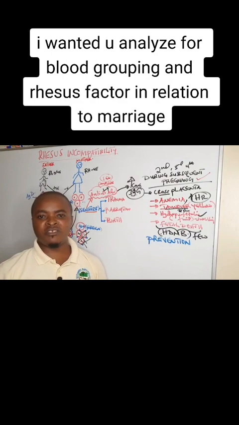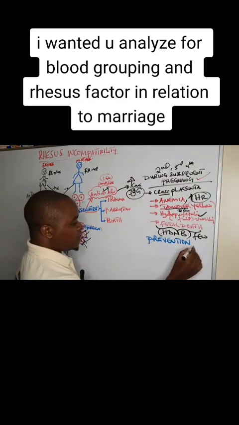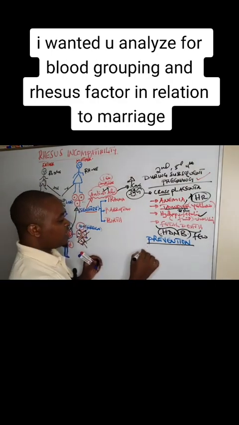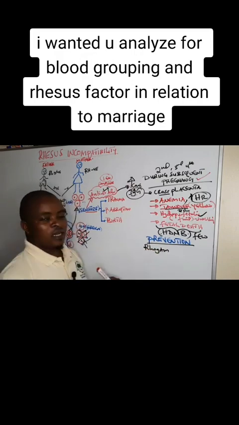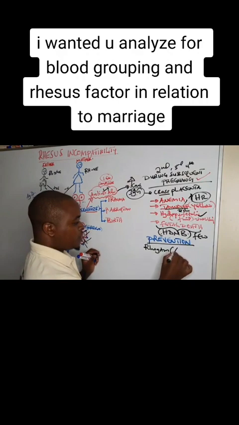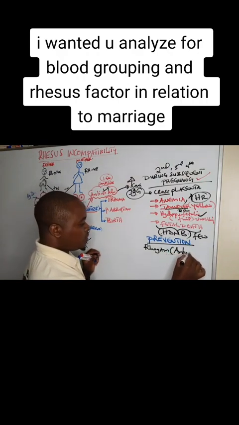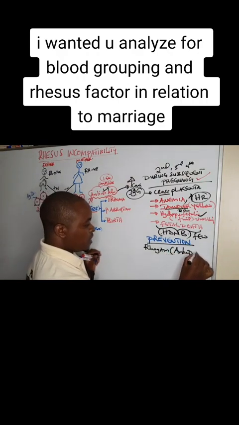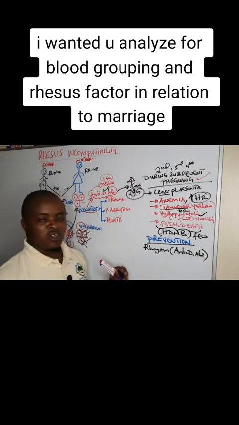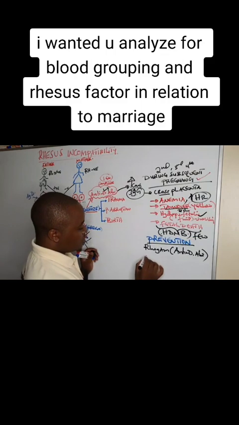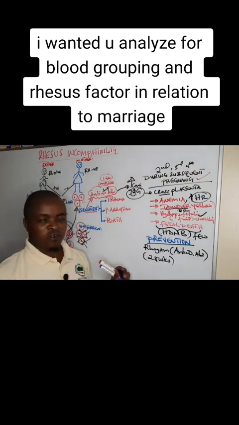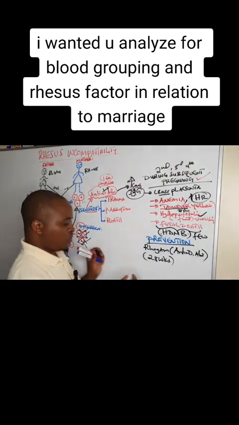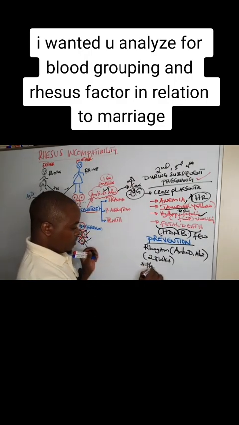But once discovered during antenatal care, the mother will prevent it by being given Logam. Logam contains anti-D antibodies. It is given to the pregnant mother at 28 weeks of pregnancy, and also after delivery.